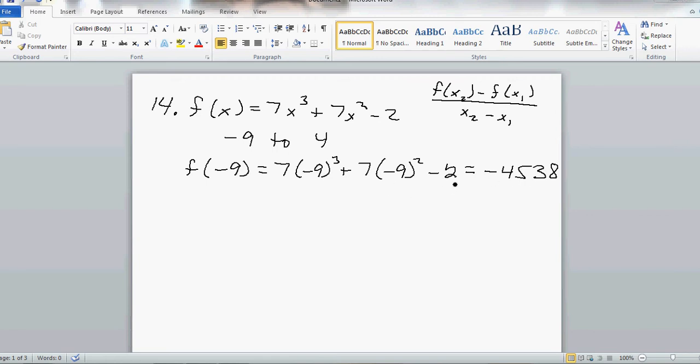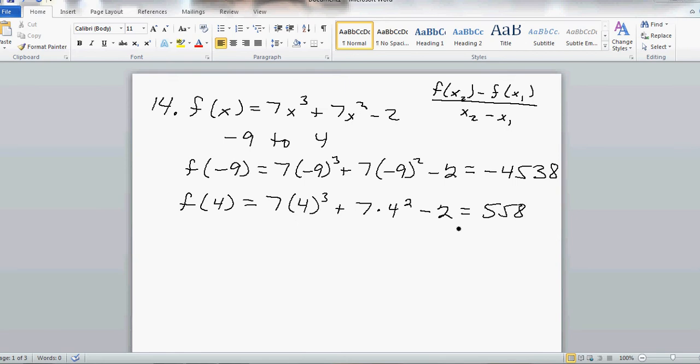I will leave it to you to come up with that particular value. Then we need f of the other boundary, f of 4. And so that would be 7 times 4 cubed plus 7 times 4 squared minus 2. And once again, leaving it up to you, you would soon realize that f of 4 is 558.